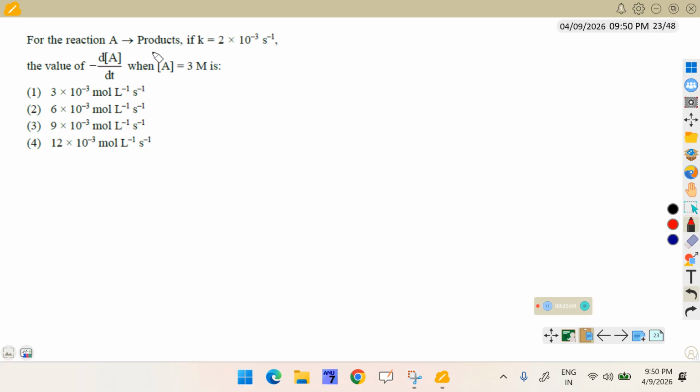For the reaction A gives products, if k is equal to 2 × 10^-3 s^-1, find the value of -d[A]/dt when [A] is 3 molar. Okay, so rate is directly proportional to the concentration of the reactant, or it can be written as rate equals k[A].